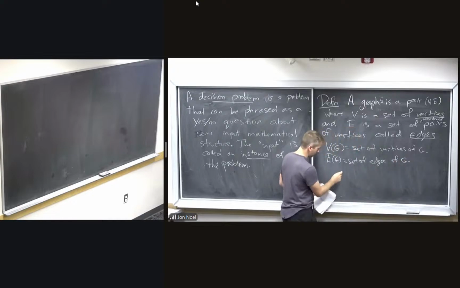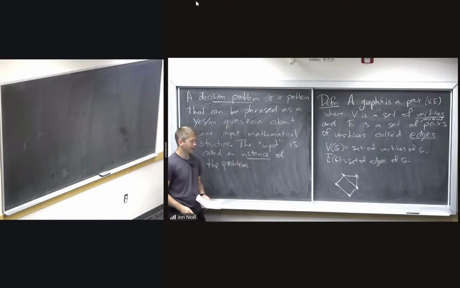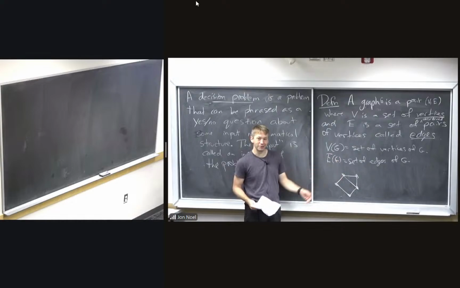Okay. So if you've taken 222 or 322 or any kind of introductory discrete math or graph theory course, you're probably somewhat familiar with graphs, right? You take a bunch of points and you join them up.